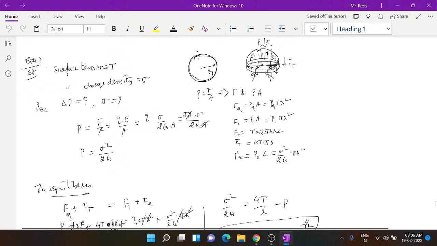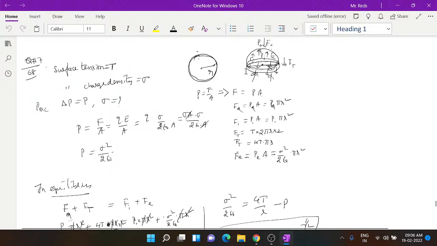So force due to atmospheric pressure is equal to atmospheric pressure P naught into A, where the area is the flat surface area, which we can consider as pi r square. Again, force due to the inside pressure is inside pressure into area, which is pi r square.